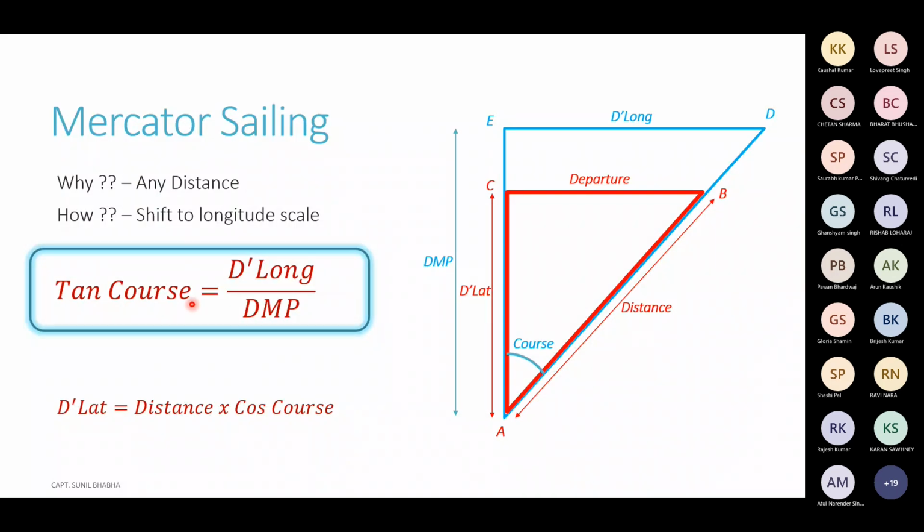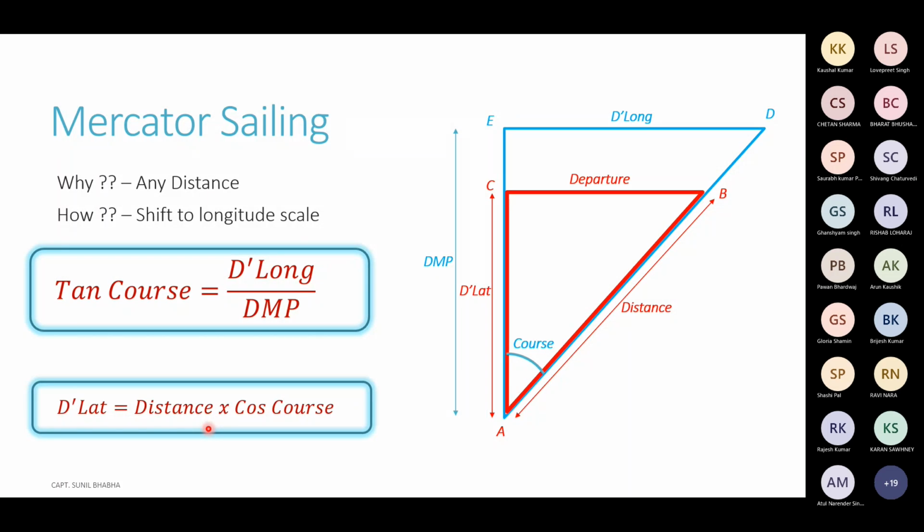Once the course is calculated using the Mercator formula, the course is input in the plain sailing formula here. We know the d lat between the two positions, initial and final latitude is known, and putting these two values, the distance can be calculated. So the plain sailing formula for d lat is used to calculate the distance.